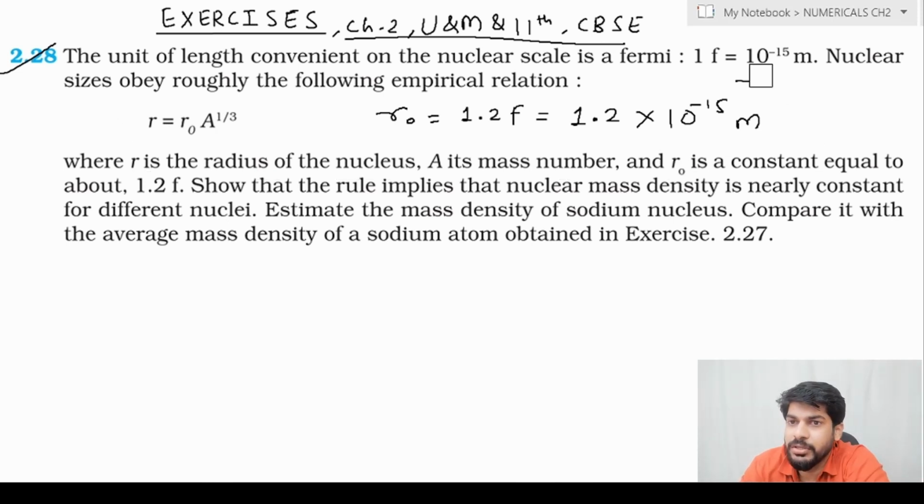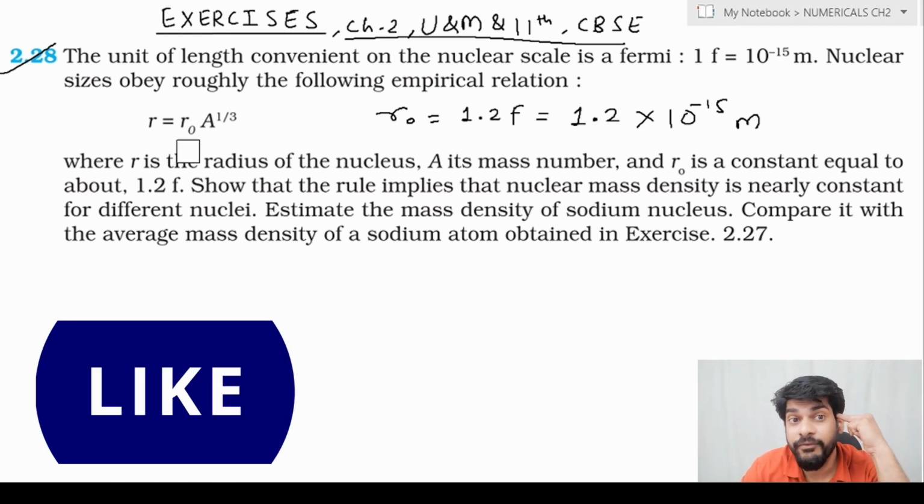Over here we have to show that the rule implies that nuclear mass density is nearly constant for different nuclei. That means we have to prove that according to this relation, the nuclear mass density is almost constant for every nuclei.